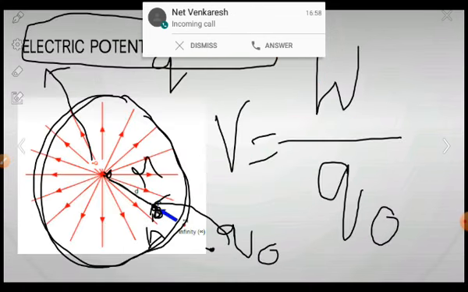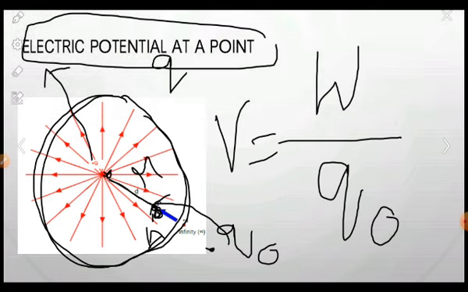So, electric potential is the amount of work done on unit positive charge to bring the charge or to place the charge at a point A from infinity to that point A against the field.